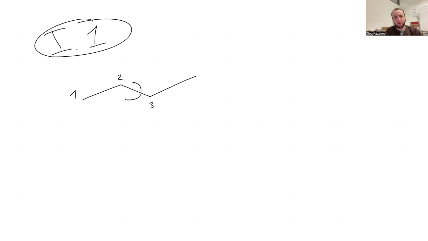So this carbon number 1 will go upwards, as you will see in the next drawing, approximately in this direction. This bond remains static. There is no rotation about this bond. The rotation about the bond between carbons 2 and 3 will be happening.